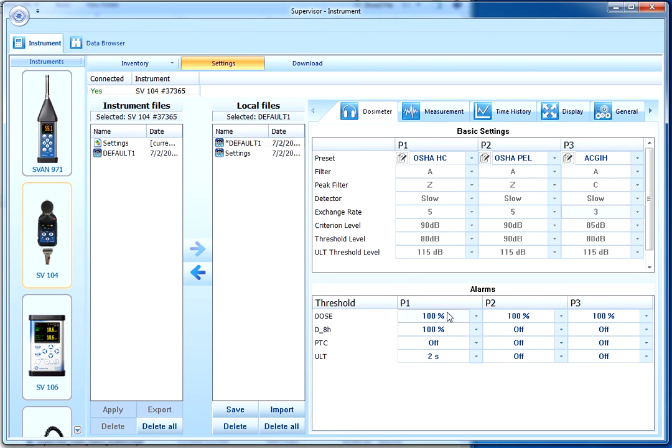So at the moment, any of the settings that we have put into the profile 1 here will cause the alarm on the dosimeter to trigger and to flash red. We can do that separately for each of the individual noise profiles.